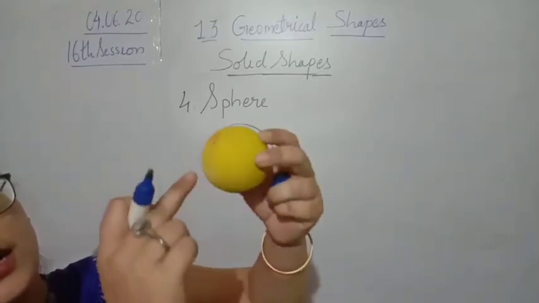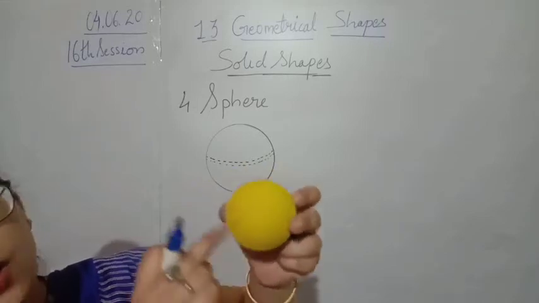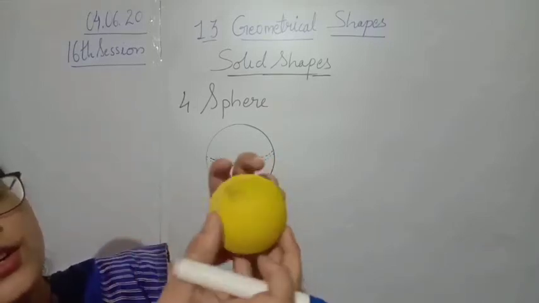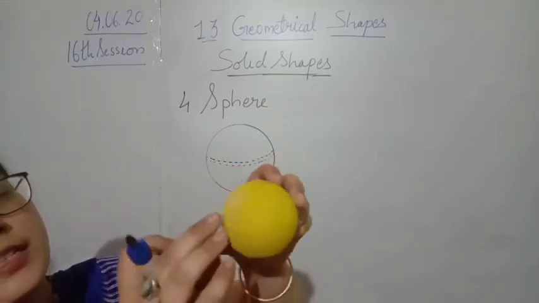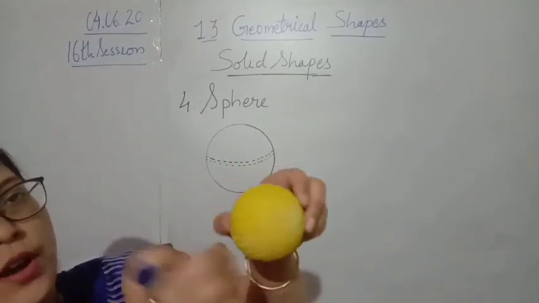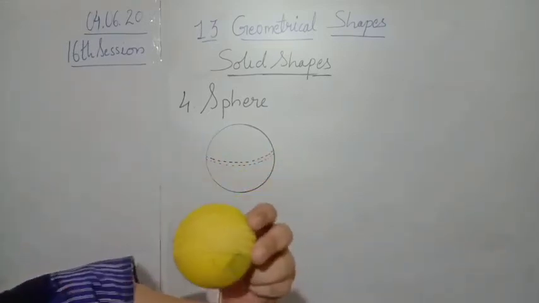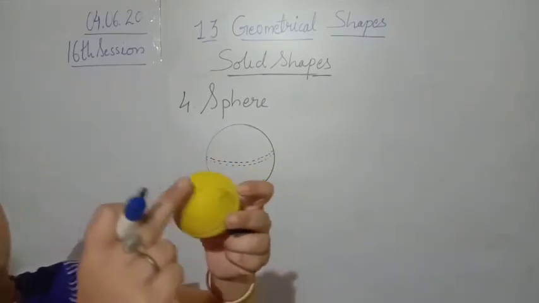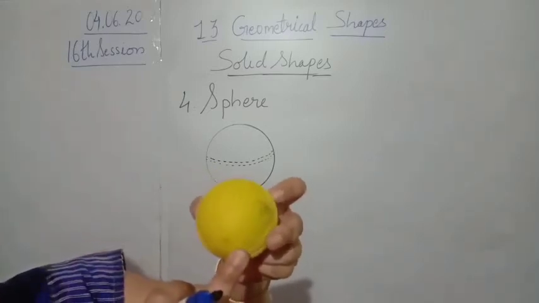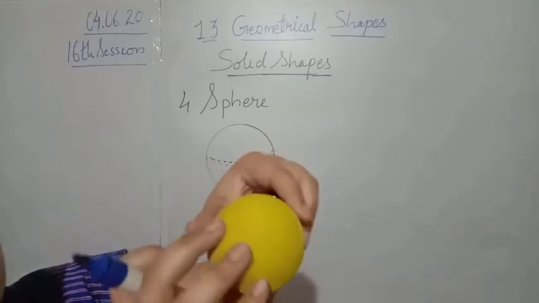It has a curved face, it has a circular face. It has no edges and so it has no corners. It has only one face and it is curved.